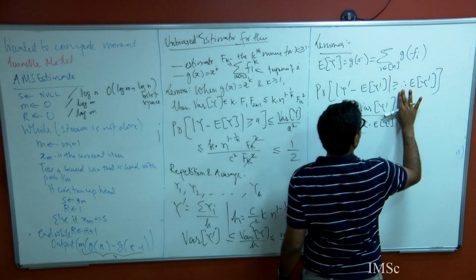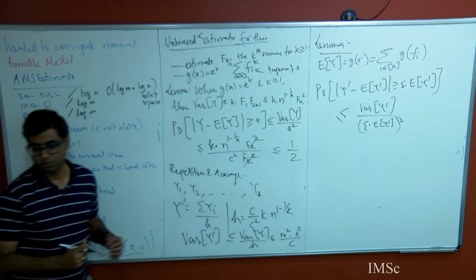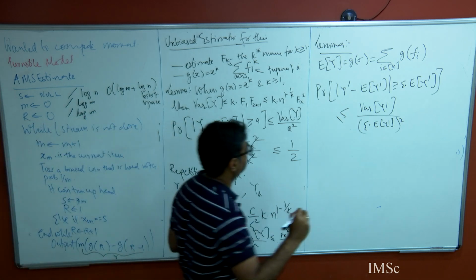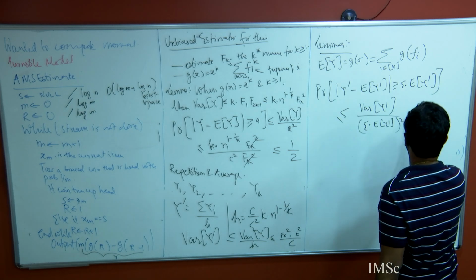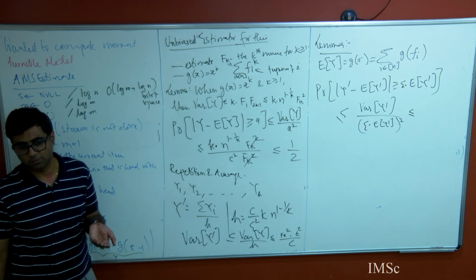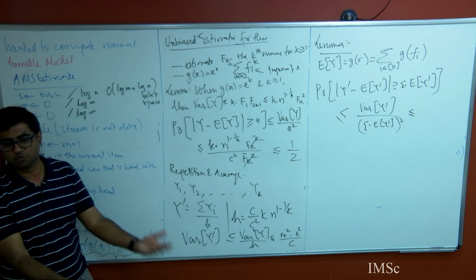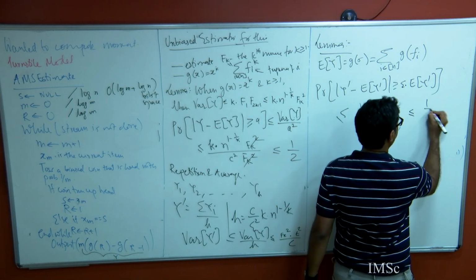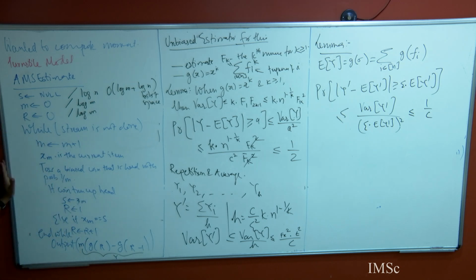No, let's put epsilon, because this is what we want. So now what is this going to be equal to? Whatever this number we are going to get. And look, what is expectation of y prime? Expectation of y prime is the same as expectation of y, because these are independent copies and you are doing sum by h. So h into h will get cancelled and you are going to get the same thing. So now if you do the computation, this should come out to be 1 over c. I am not going into the details, but this is what you are going to get.